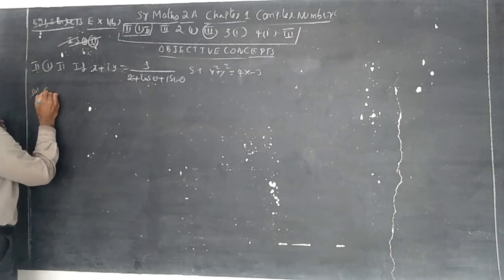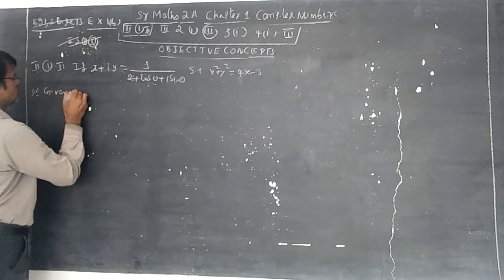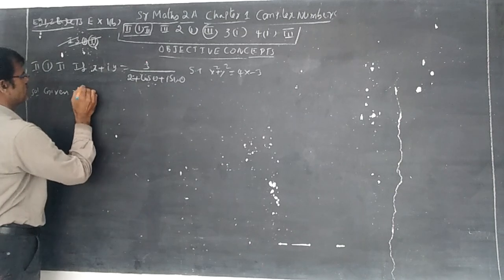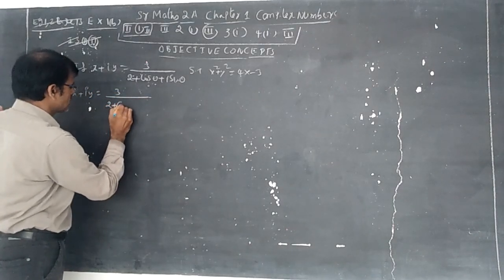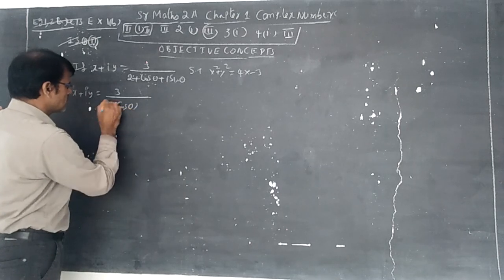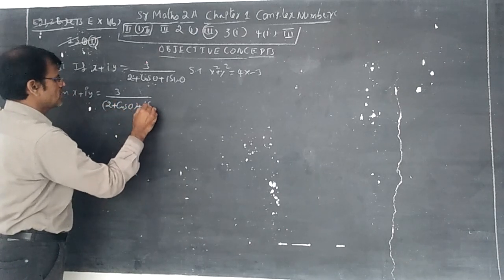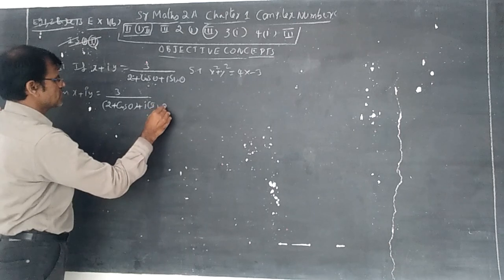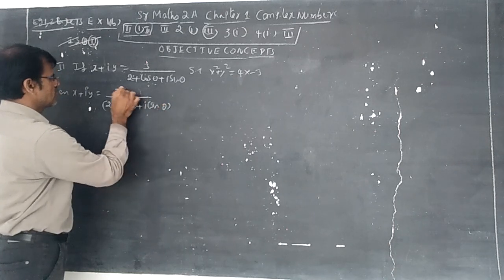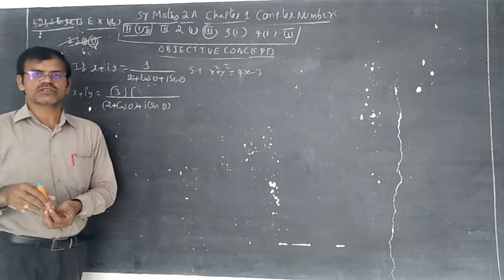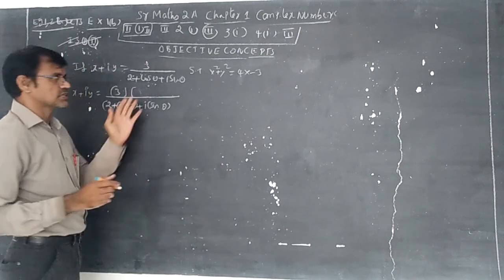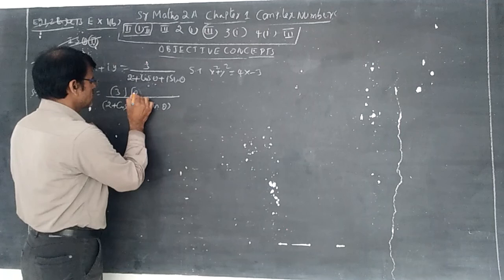Given x plus iy is equal to 3 by (2 plus cos theta plus i (within the brackets) sin theta). In objective, this is a level 1 question or level 2 question, where I will not say students, for objective only I am handling these questions.